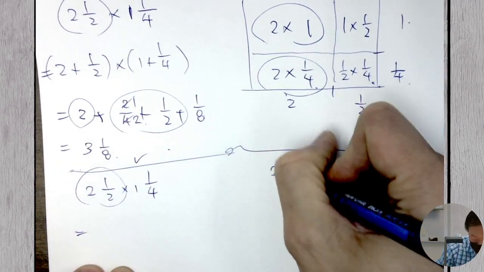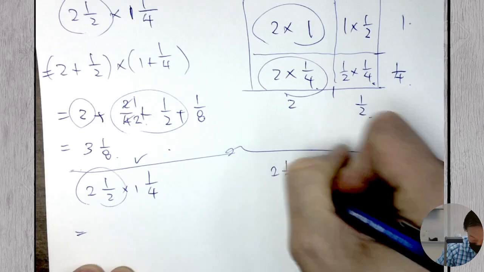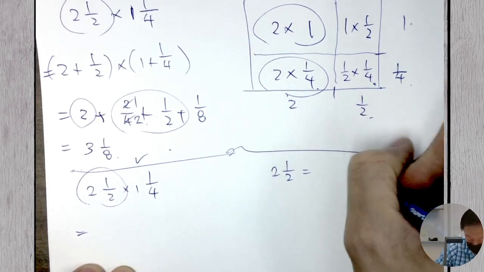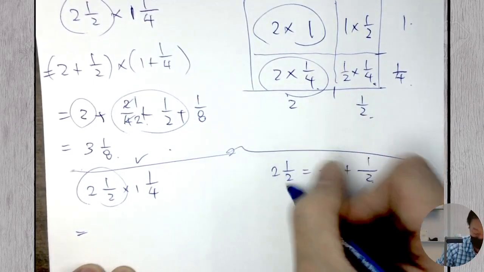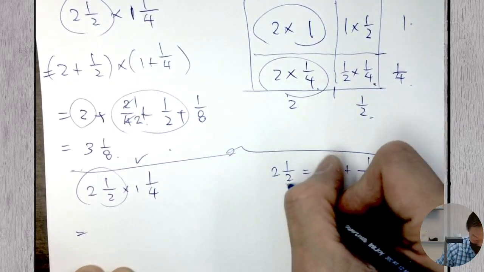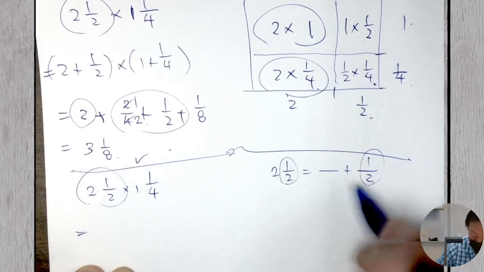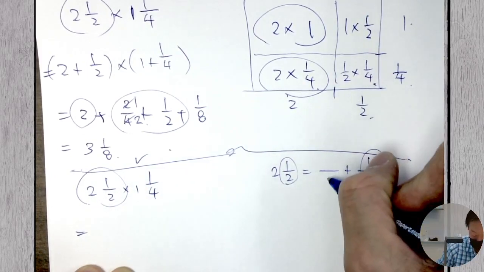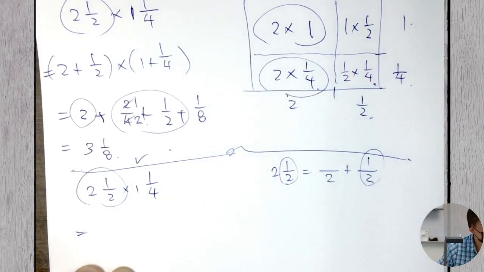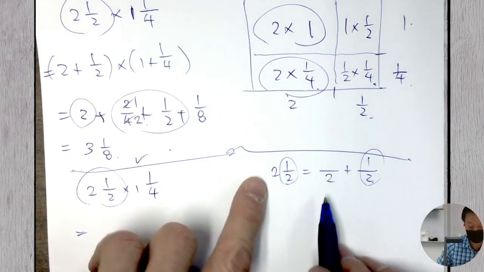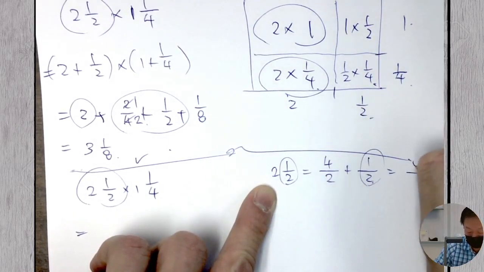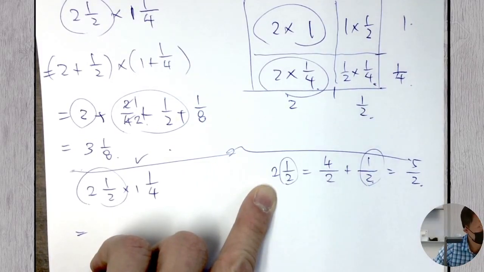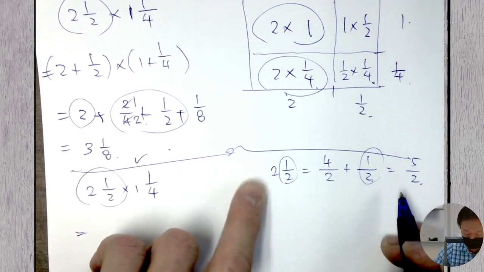So 2 and a half. You're going to turn this into something plus a half. Okay? What is 2 in fractions with the denominator being 2? Would be 4/2, correct? 4/2. So altogether it's 5/2. Make sense?